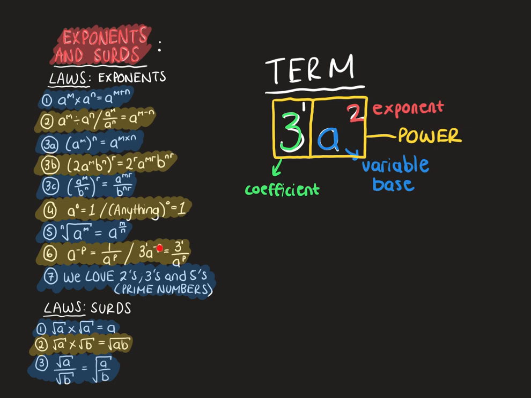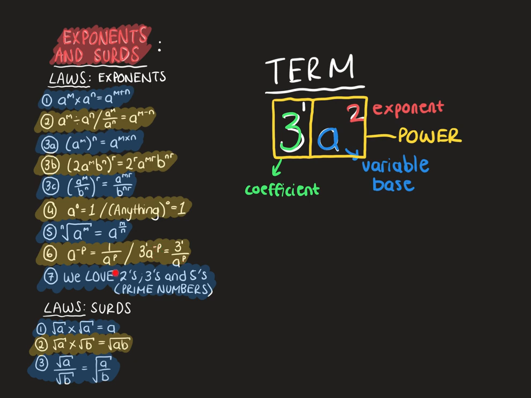But a's exponent, the power of a to the minus p, needs to be changed into a positive exponent. Hence why I'm only taking that underneath the fraction line and leaving the 3 at the top. 3 has a positive exponent, I don't need to move it across the fraction line. But a has a minus p or a negative exponent, so I'm only going to take that power below.